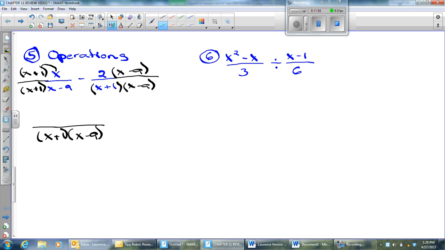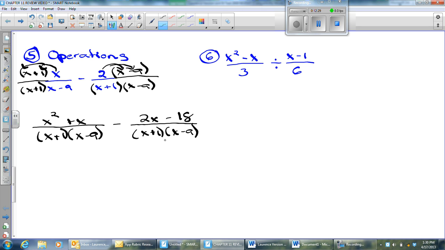So I'm going to distribute this x to the 1 and to the other x. So I'm going to get x squared plus x. The second one, now we have common denominators, so I have an x plus 1, x minus 9. I'm going to distribute this 2 right now to the x and to the 9. And we get 2x minus 18.